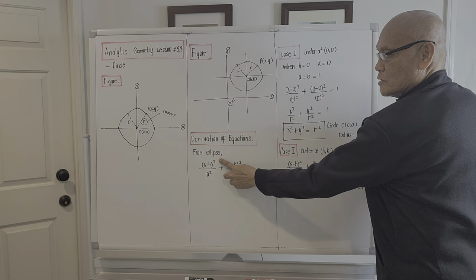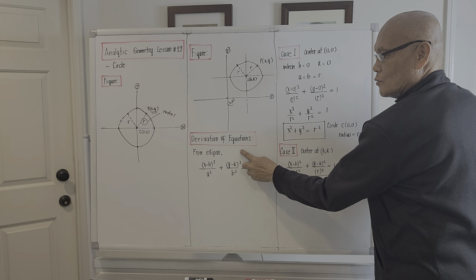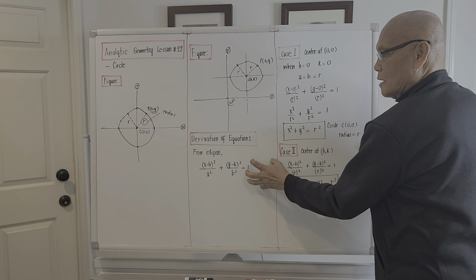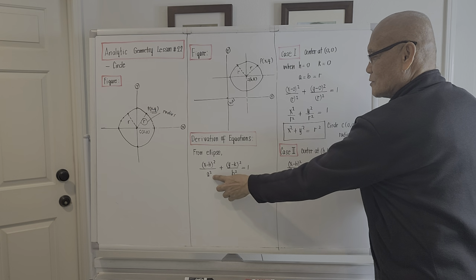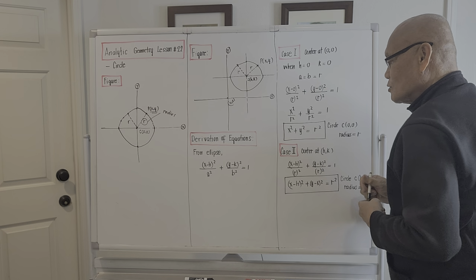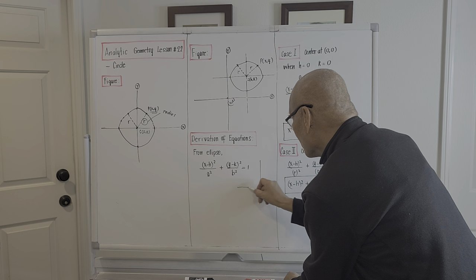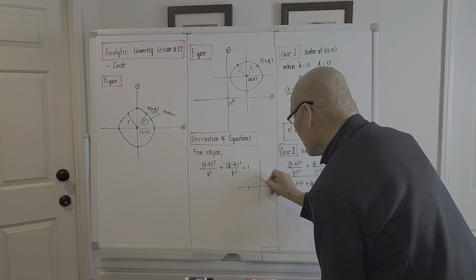(x − h)² over a² plus (y − k)² over b² equals 1. This ellipse here has its major axis along the x-axis. It should be something like this, along the x-axis.